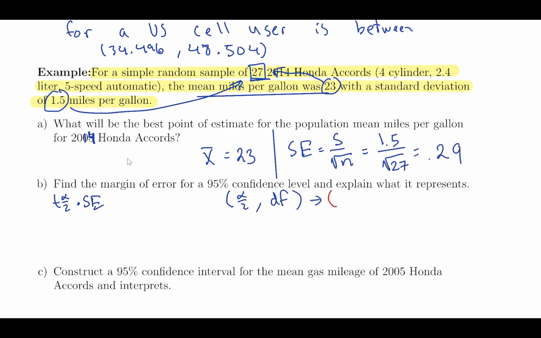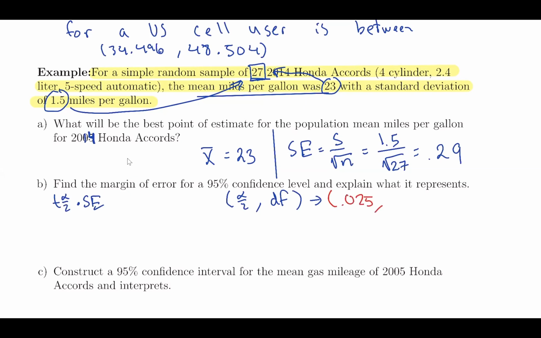Luckily, we already did the alpha divided by 2 in the last problem. So what was the alpha divided by 2 for the last problem? 0.025. Yeah, perfect.